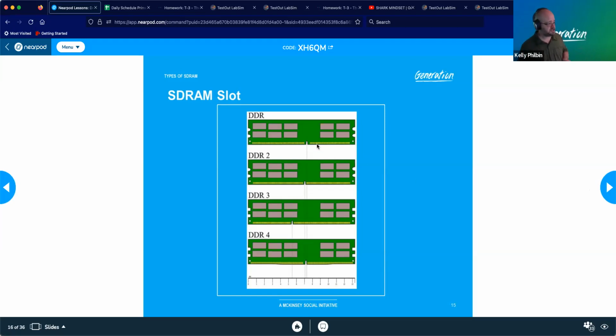As you can see, each generation moves the notch a little bit so that I can't put a DDR RAM module in a motherboard that requires DDR3. So they're going to be in different locations, and so they won't be able to fit or lock in. They'll just kind of rock back and forth.